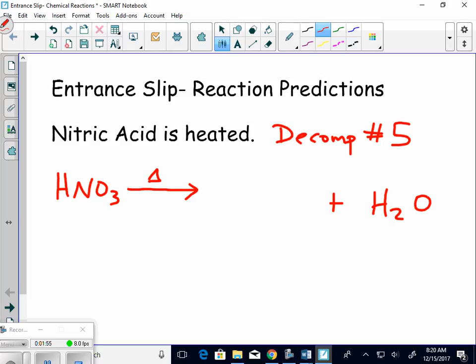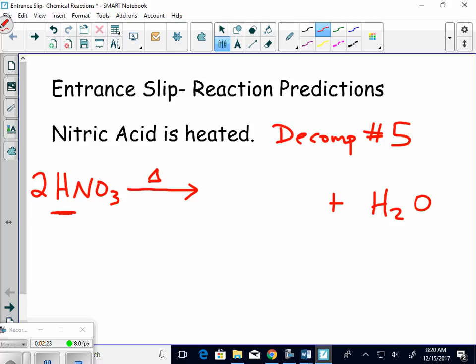Now the problem with this particular one is that I have a monoprotic acid, meaning I only have one hydrogen. So I'm going to need 2 of these particular 2 nitric acids to break down to get a water.